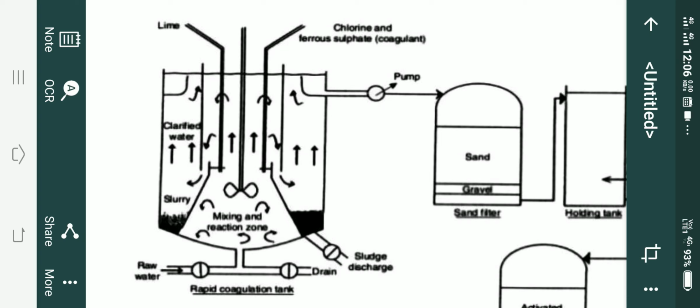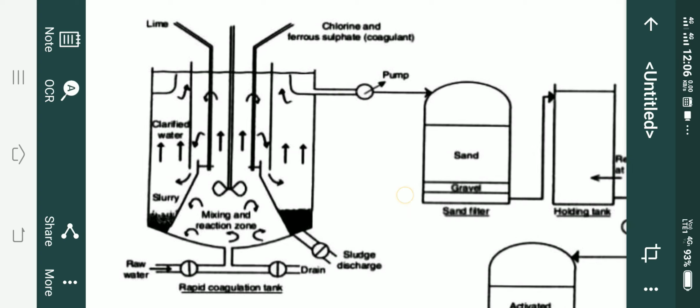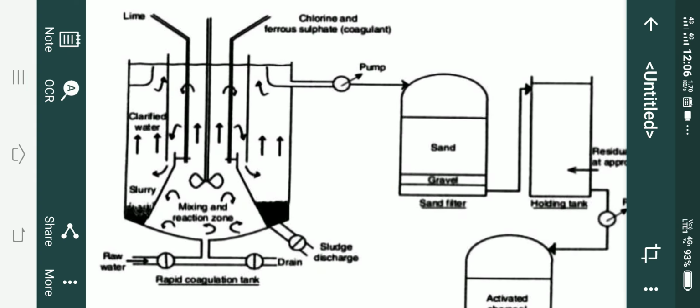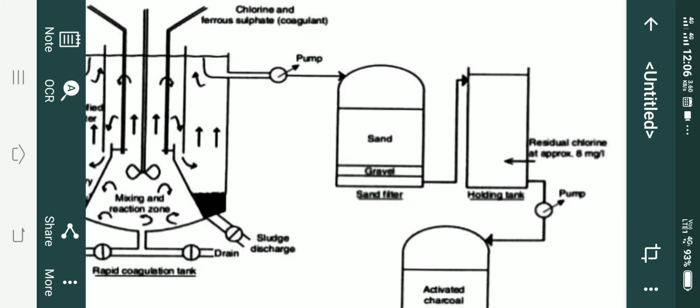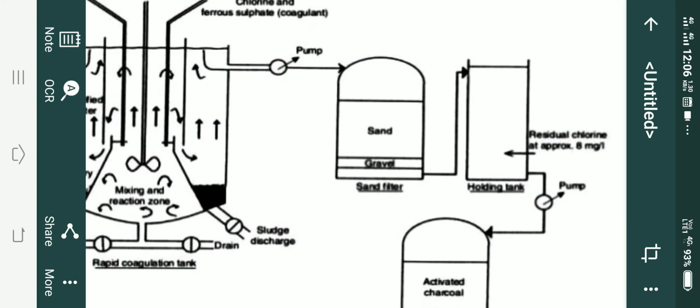Then after coagulation, through a pump, clarified water goes to the sand filter, where sand and gravel filter the water.